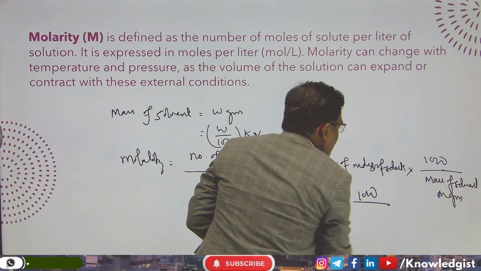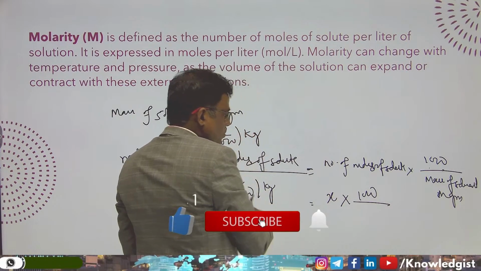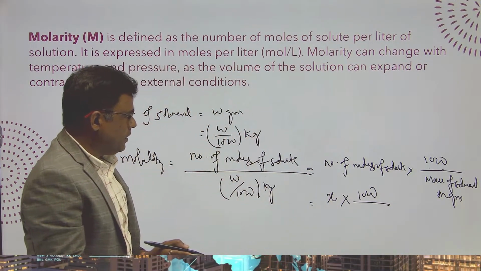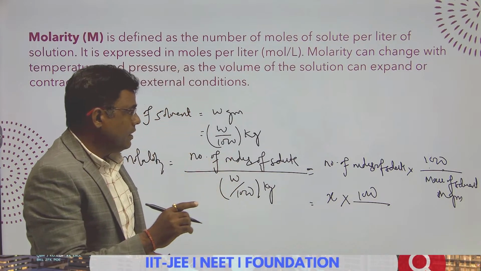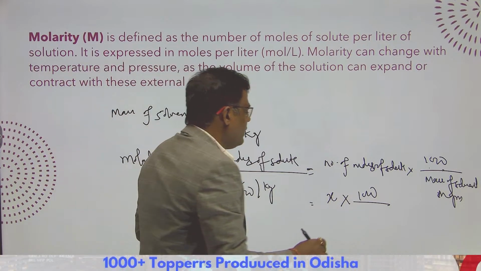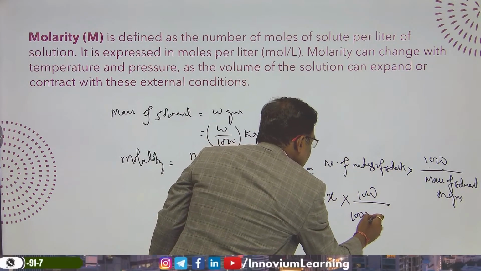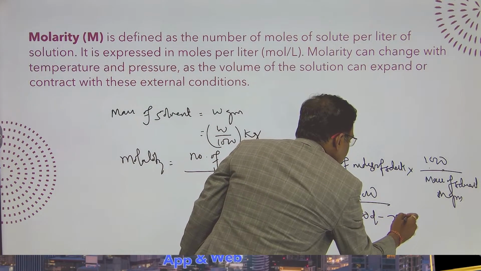1000 by, what is that mass of solvent in gram? The mass of solvent in that 1000 ml of solution, or 1 liter of solution having molarity x. Correct? What is that mass of solvent? Just now we calculated that, that is 1000 d minus x into y.